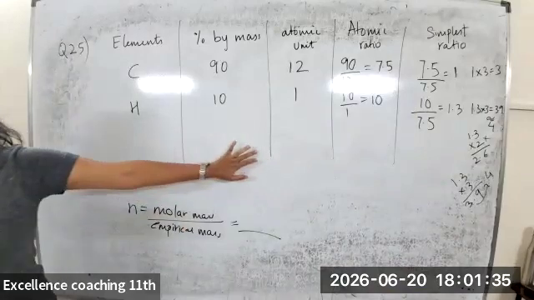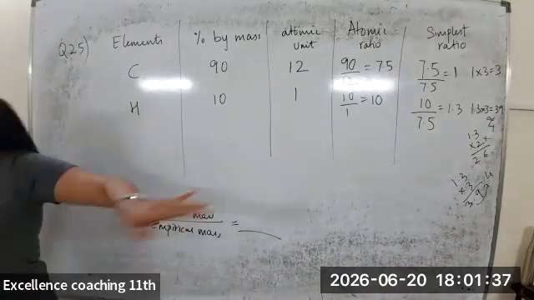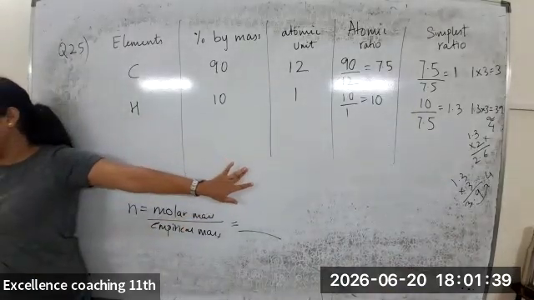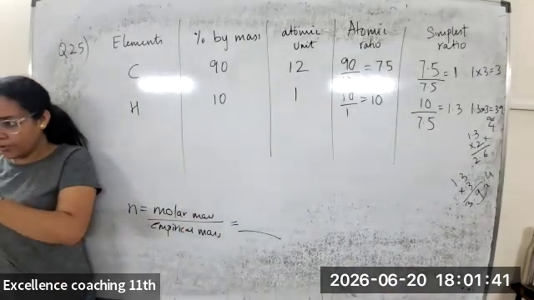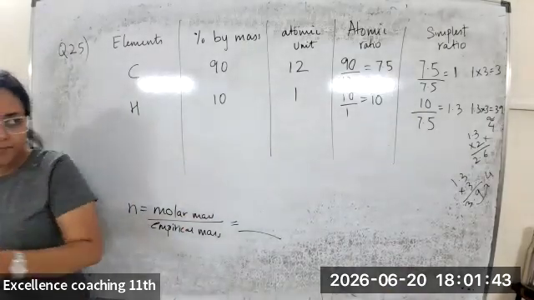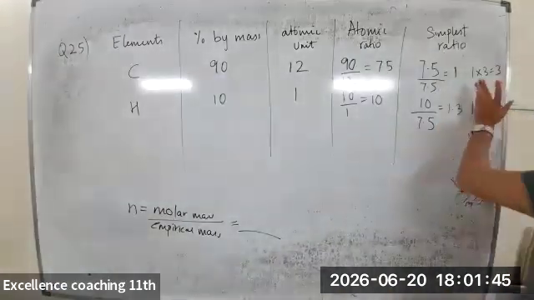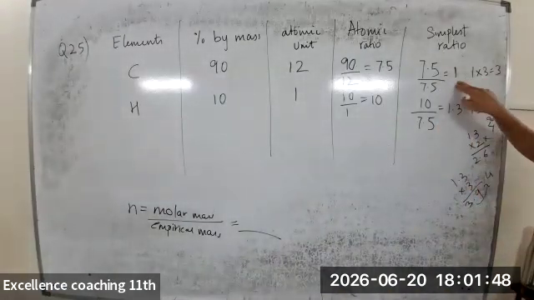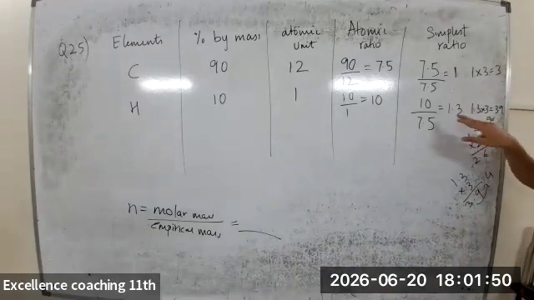All understood why I did that calculation at the end? Any doubt? You want me to explain again? Okay. We got 1.3. Why did I do this? Also you have understood.